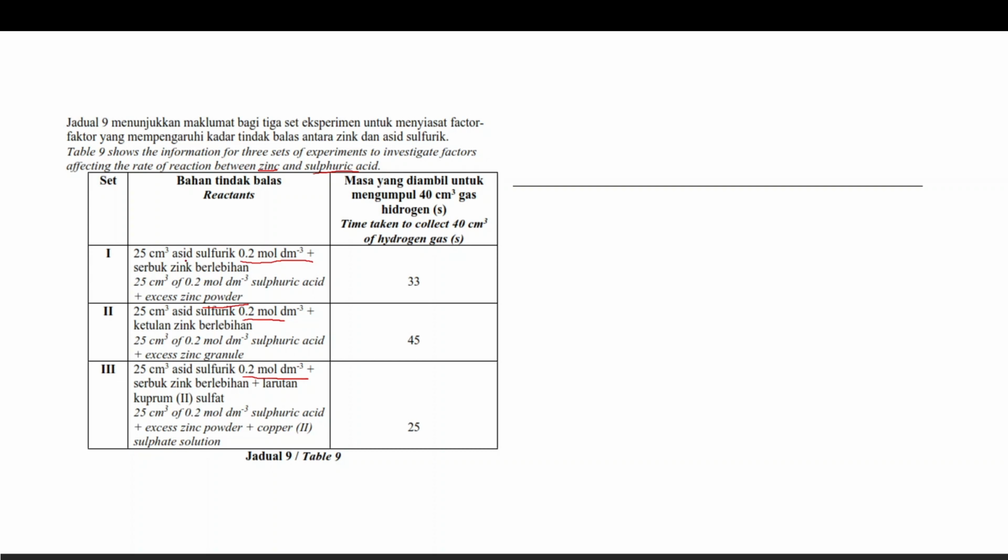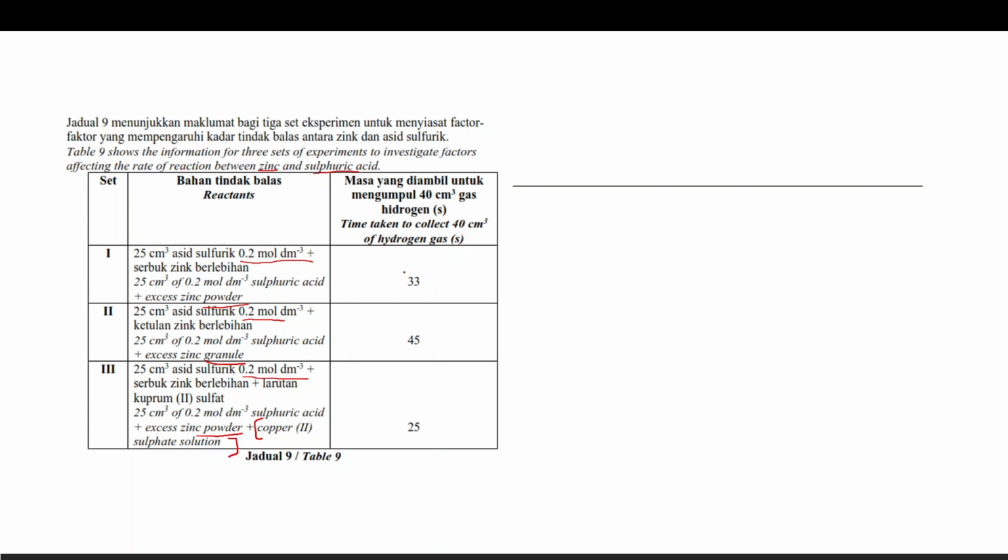Then the acid is sulfuric acid. So okay, we look into the zinc size. So set 1 is zinc granules, set 2 is zinc powder. But in set 3 there is an extra copper(II) sulfate solution. Okay.